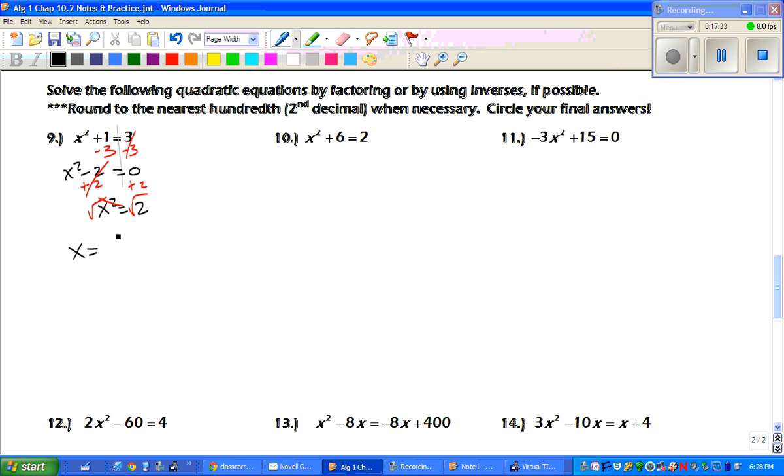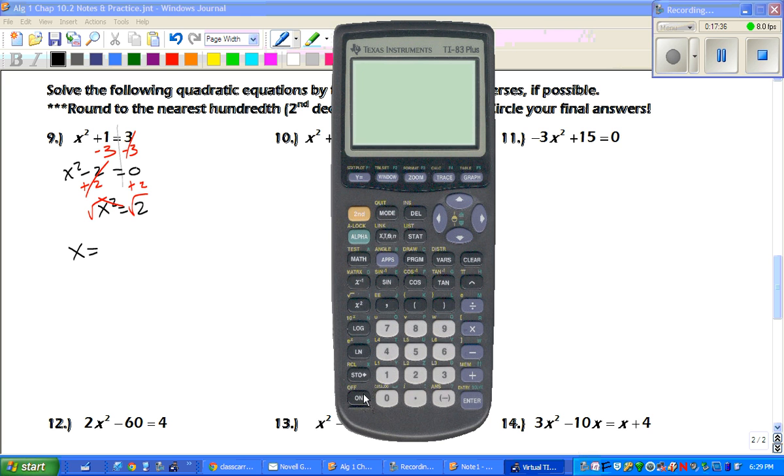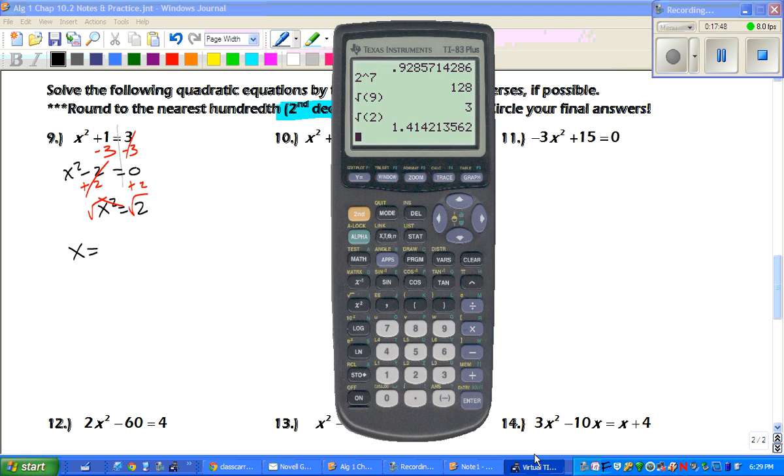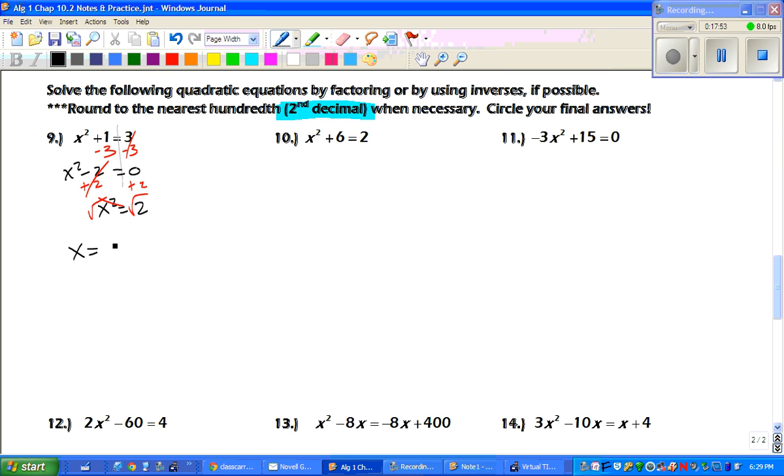So x equals. So what is the square root of 2? Oh my gosh, I don't know what to do there. But this says to round to the second decimal. So we got 1.414. So if I'm rounding to the second decimal, I need to look at the 4.